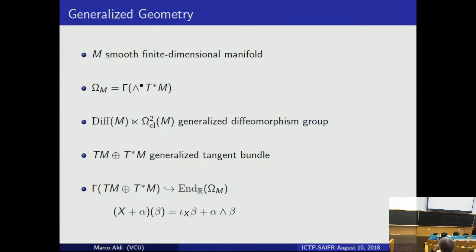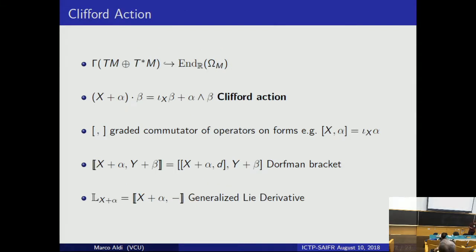And this allows us to include other stuff in here, such as the RAM operator and so on, and we look at all of them on the same footing. Okay, so we have this realization. And this is the Clifford action, the one that we just described.